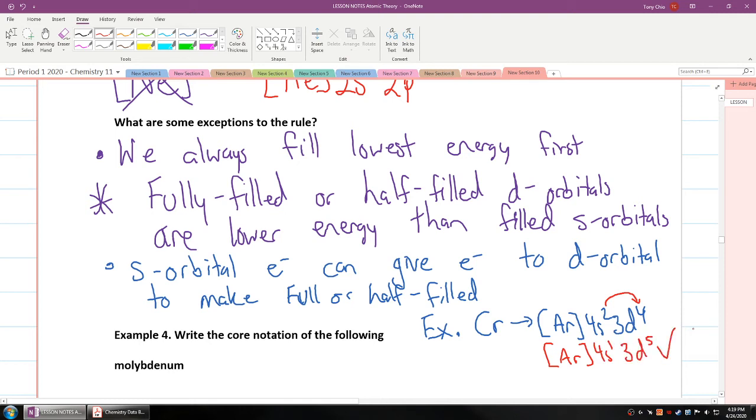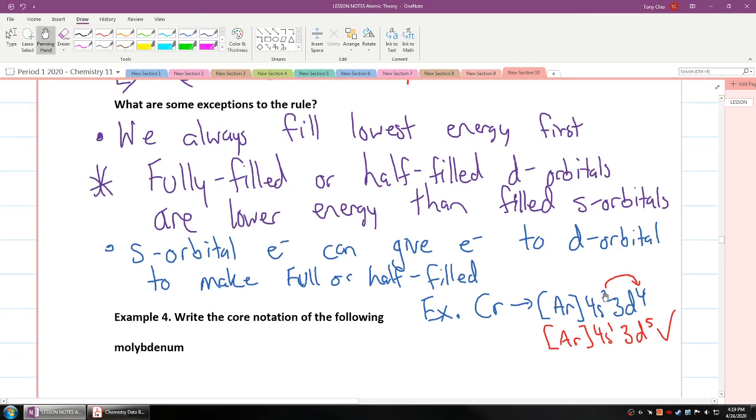And this one is a lot lower energy than the first one, because a half-filled d orbital, which can hold 10 electrons, 5 being half, is lower energy than this. 2 electrons from the s orbitals can actually fully go over to the d orbitals, which is why sometimes the s electrons can disappear. Or not disappear, but be fully transferred to d orbitals.